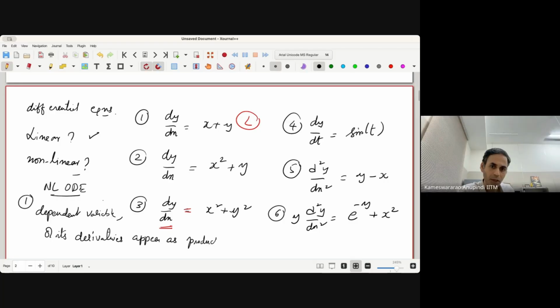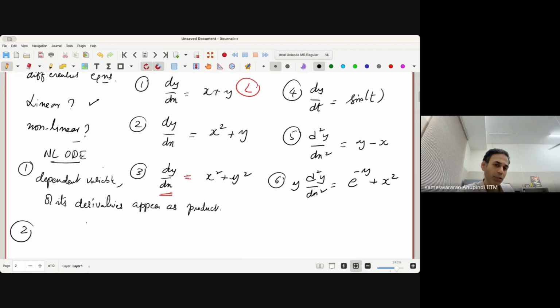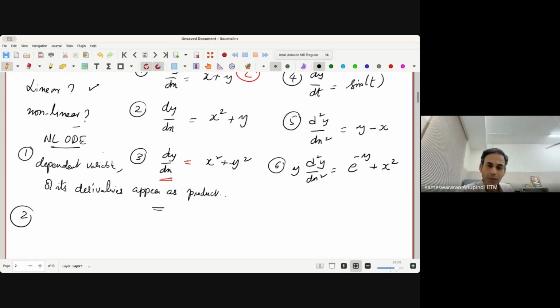That means if the dependent variable is either multiplied with itself or with its derivatives, and so on. We are trying to solve for y, and y itself is unknown, and if we have products of those unknowns or their derivatives appearing as certain terms, then we call that a nonlinear term, and we call the equation a nonlinear ordinary differential equation.